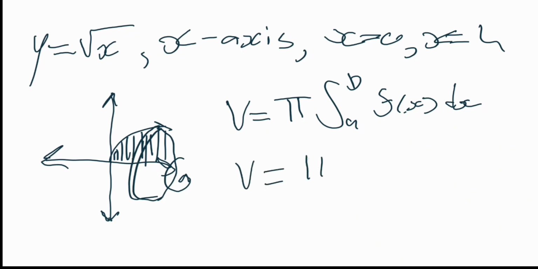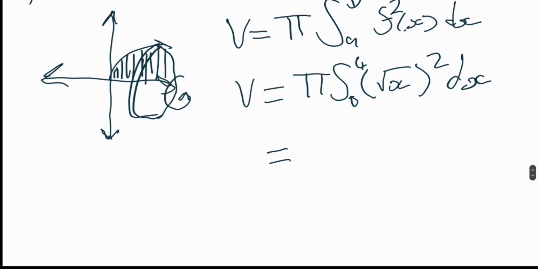Now we'll plug it in. V is going to equal pi integral. Our lower limit is going to be x equals 0, so 0, and our upper limit is going to be x equals 4, so 4. And then f of x squared, okay, so that's going to be root x squared, root x squared dx.